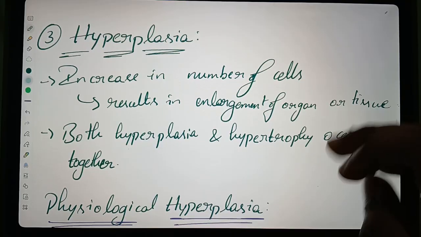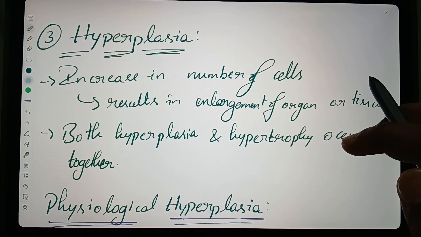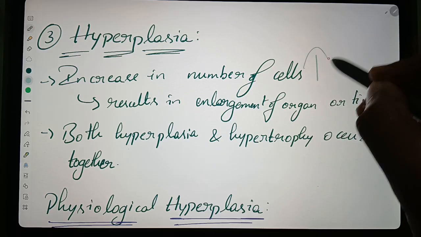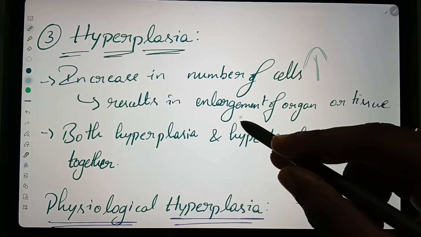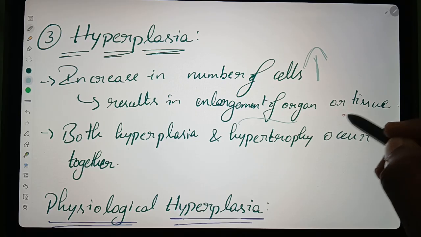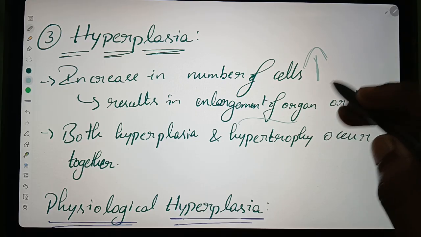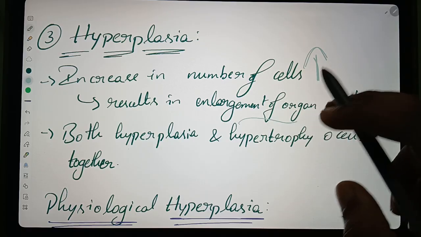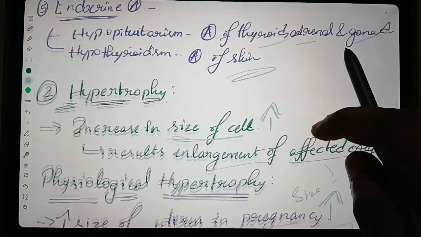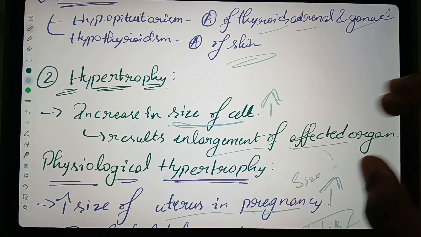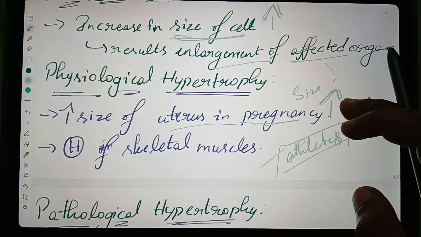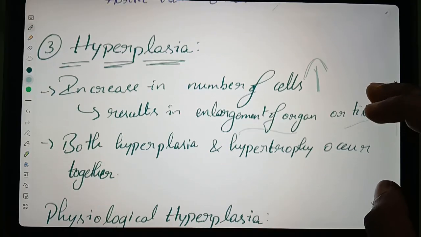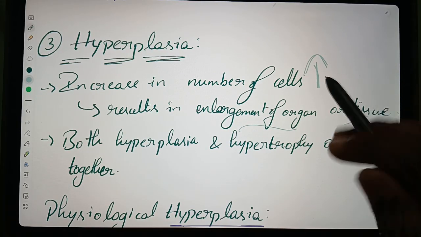Coming to the third one, hyperplasia. This is an increase in the number of cells. This also results in enlargement of the organ or tissue. Hyperplasia and hypertrophy are similar, but in hypertrophy the size of the cells increases, while in hyperplasia the number of cells increases.